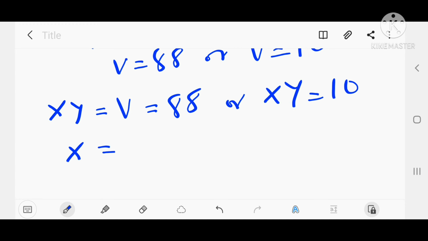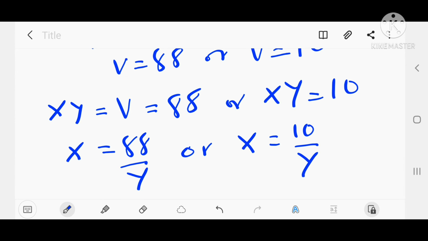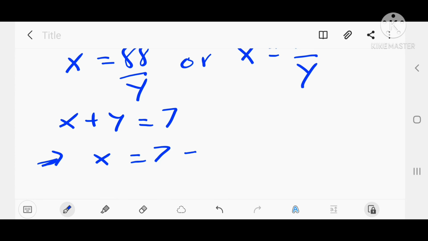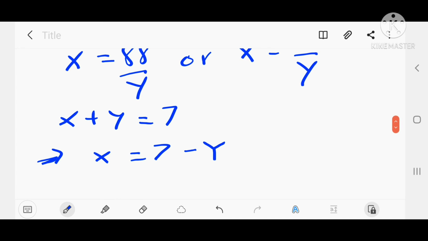So x equals 88 on y, or x equals 10 on y. From x plus y equals 7, we deduce that x equals 7 minus y. So we can substitute the two expressions.